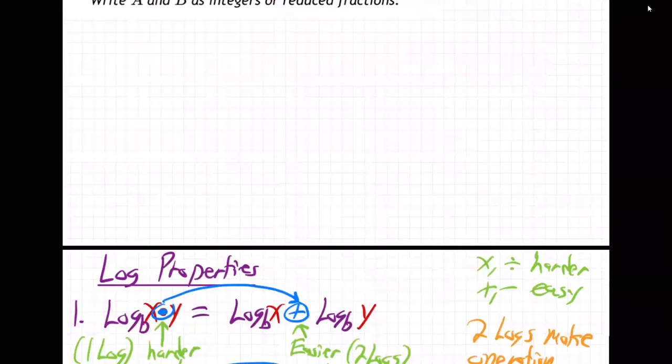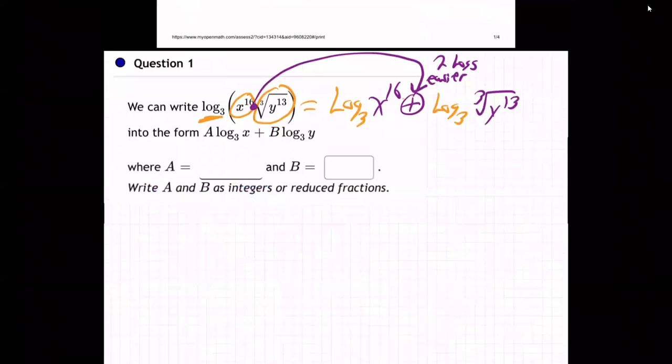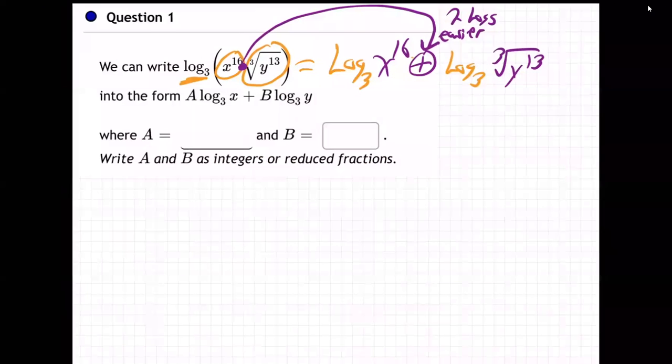One log multiplication becomes two logs adding. Two logs make the operation easier. Two people make it easier. So that's my first step: make it two logs added instead of one log with times in there.